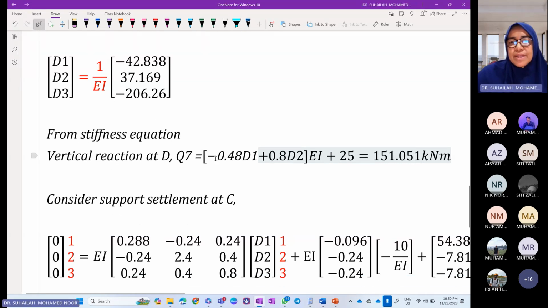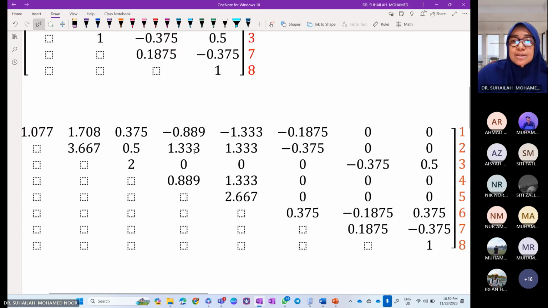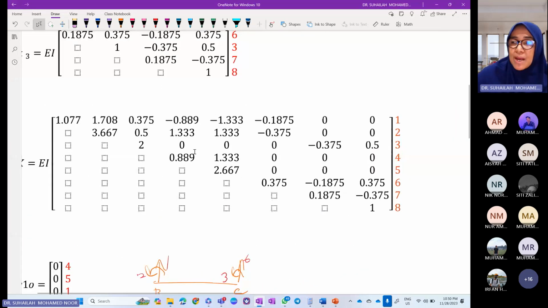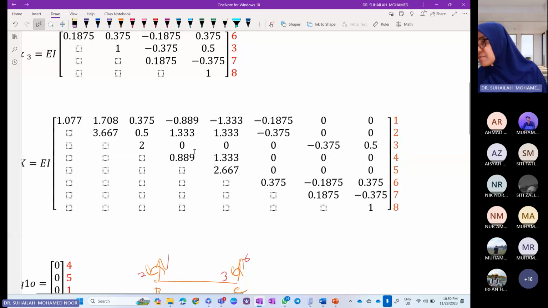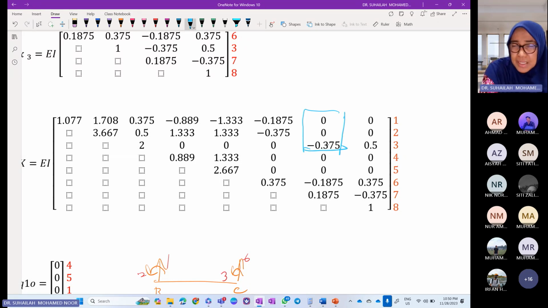So this is Q7. So dekat sini lah penting you faham konsep ni. You faham Q7. Kat sini 7. Tapi Q7 tak ada nilai, ada satu nilai. Okay, this is Q7. This is 7. This is 1, 2, 3, 7.